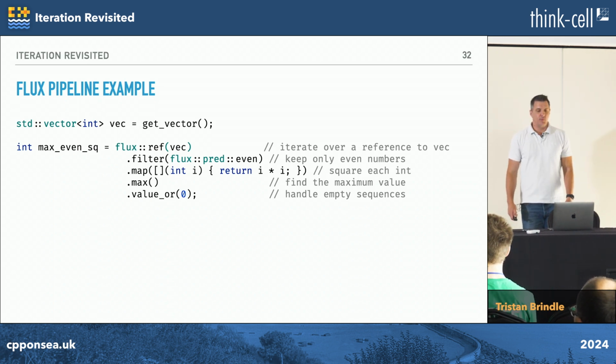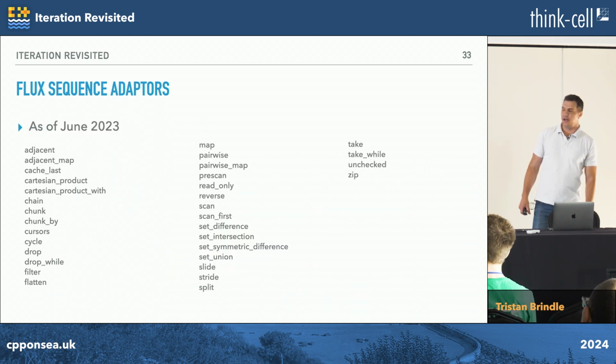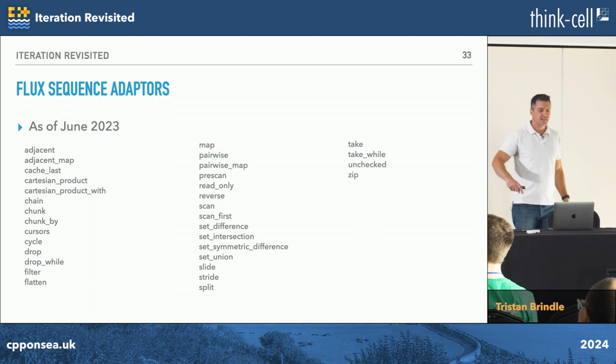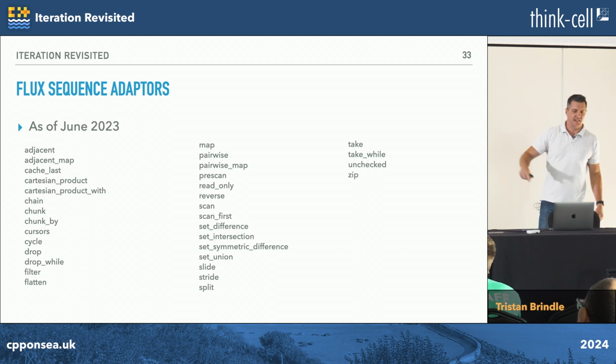So as with algorithms, Flux contains a really large number of sequence adapters. So this is the list as of about a year ago. We got a couple more since then as well.